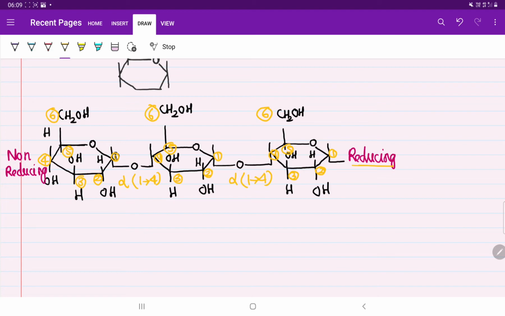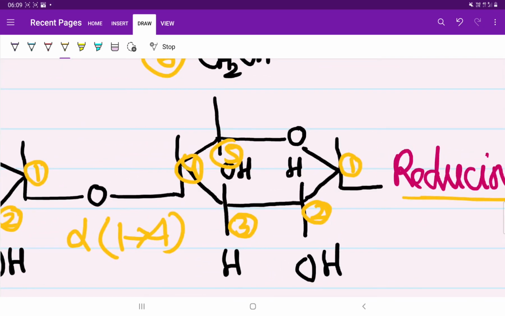I just want to say that even if we have a long chain of glucose, with an alpha 1,4 glycosidic bond between two glucose, if you consider the last glucose, its first carbon is free, not forming any kind of glycosidic bond, isn't it? And you all know, if glucose has a free aldehyde or ketone group, we call that the anomeric group.